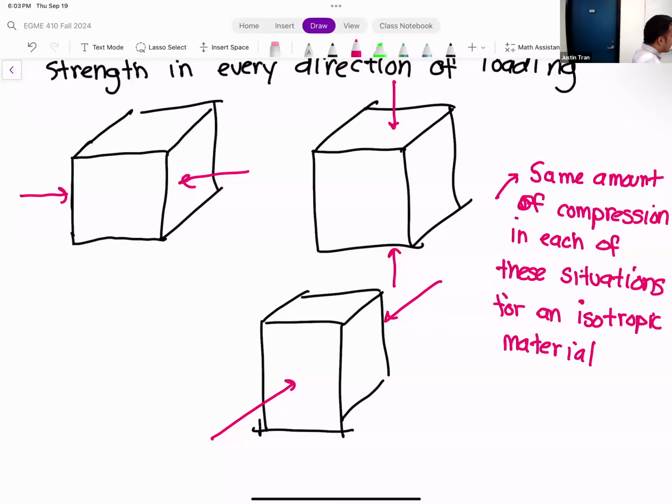All right. So when you can assume that your material is isotropic, it simplifies a lot of things for you because you don't have to worry about specifying strength in different directions. The good news is that most metals, and especially most metals that we're going to work with in this class, are considered isotropic.